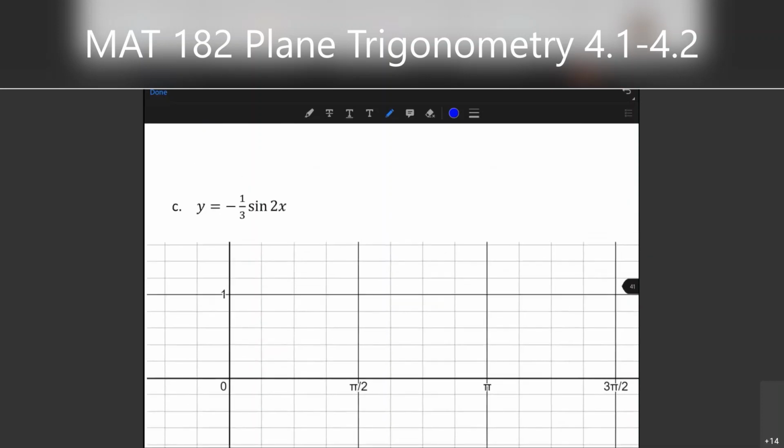If I consider my amplitude, the absolute value of a here happens to be 1/3. And then the b value, we'll notice, is 2. So right after that, we can consider our period. If I have a b value of 2, what would be my period?